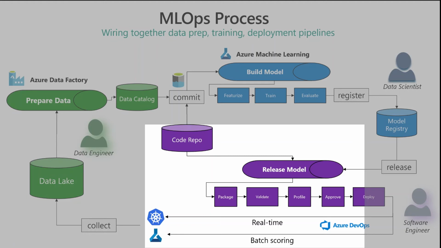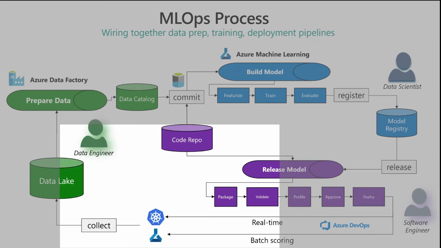This will then need to be approved manually by a human and then gets deployed to your target as a web service for real time. It can be deployed on, for instance, AKS, Azure Kubernetes Service, or on AML, Azure Machine Learning Compute, usually on elastic clusters for a batch scoring scenario.